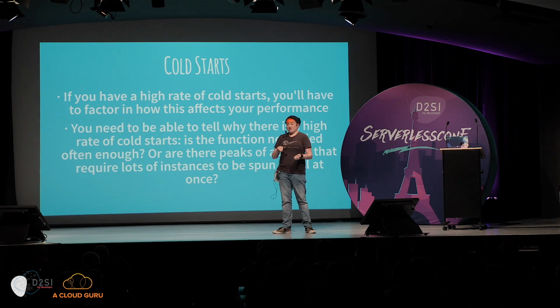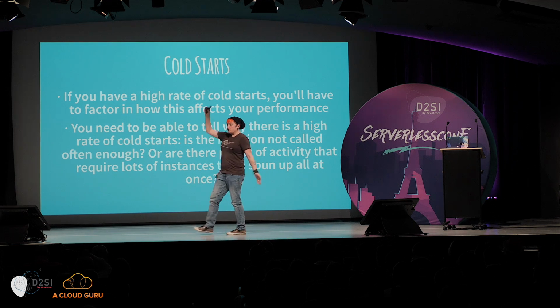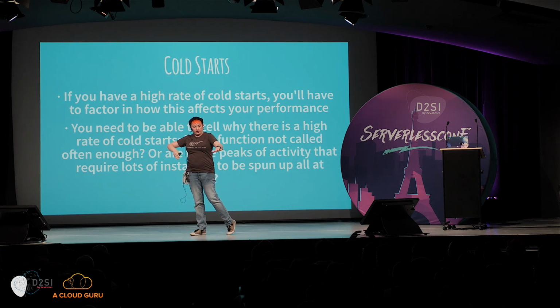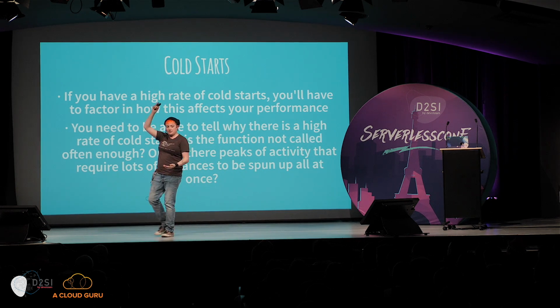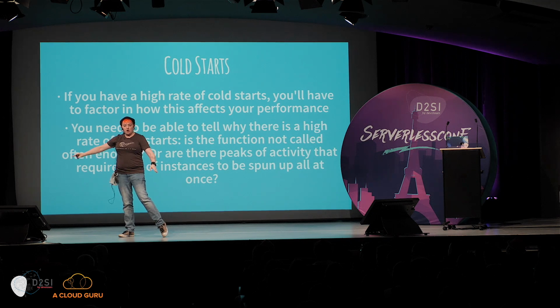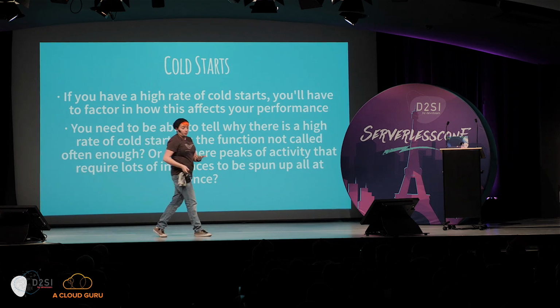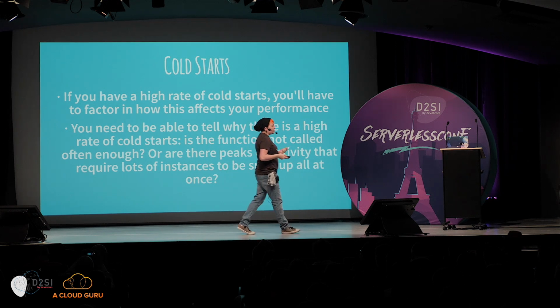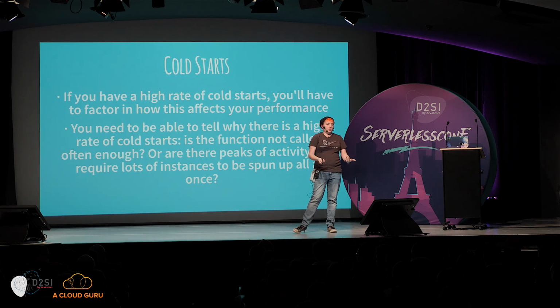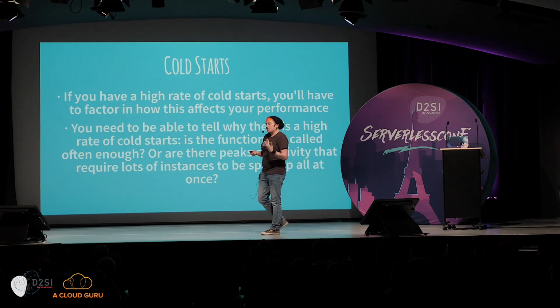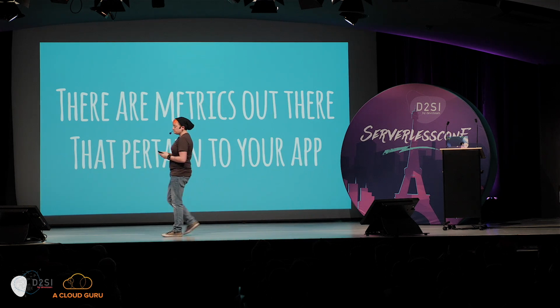Is it because the function's only getting called once a day? Is it because it's getting called in huge spikes, so there's no calls for like a day, and then there's like 10,000 calls in 10 minutes, and then it goes back to 0 calls for another 24 hours? Both of these things could cause a lot of cold starts. And so knowing when cold starts occur, where they're occurring, and what functions are causing them is important with serverless.